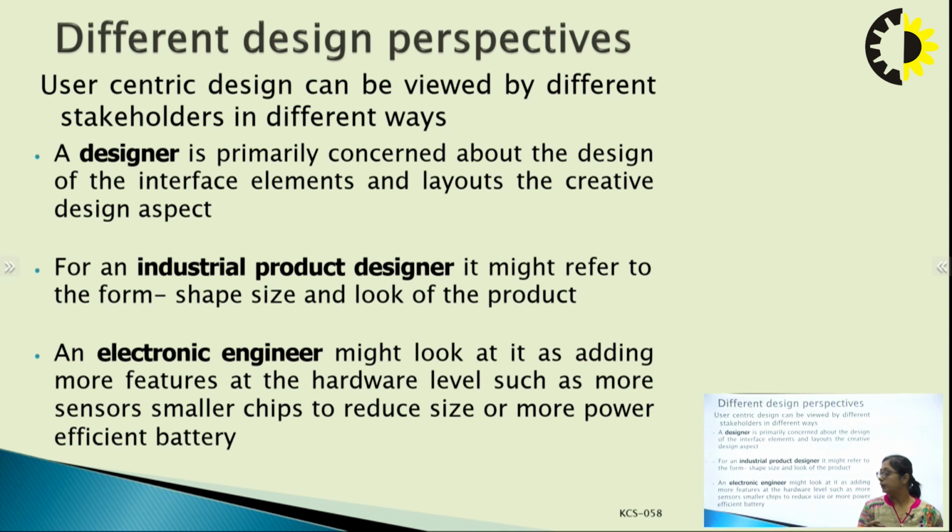And for an industrial product designer, it might refer to the form, shape, size and look of the product. That means the industrial product designer sees the first look of your product. And an electronic designer might look at adding more features at the hardware level, such as more sensors, smaller chips to reduce the size, or a more power efficient battery.